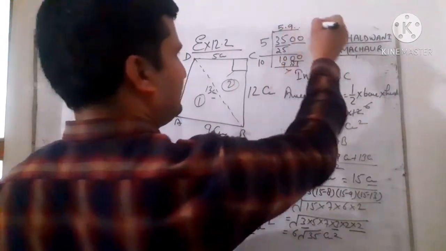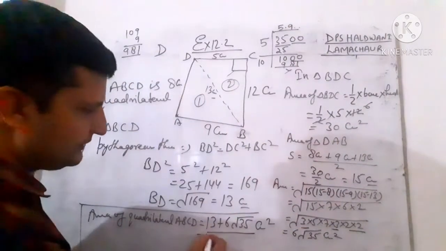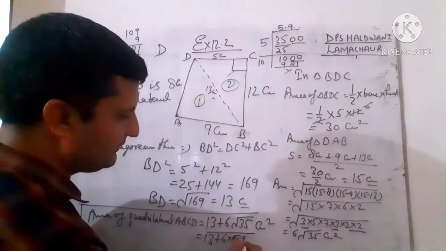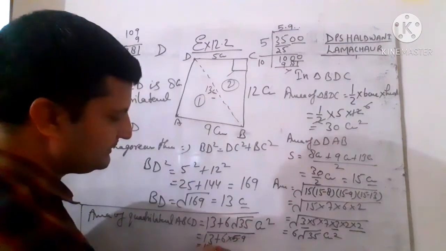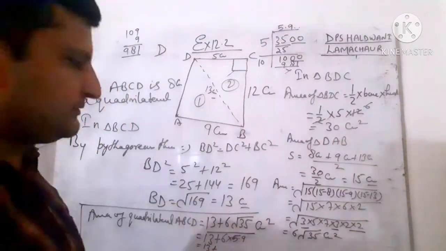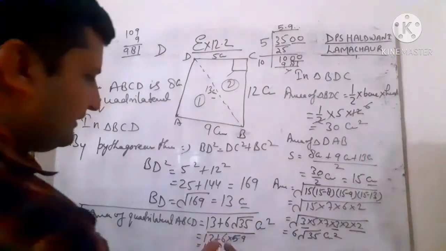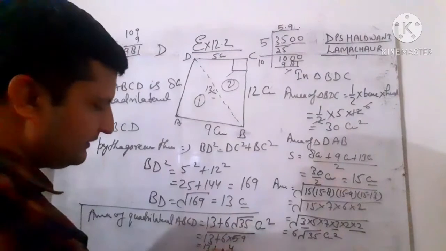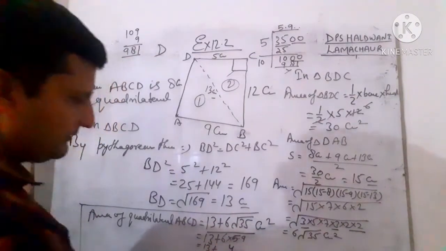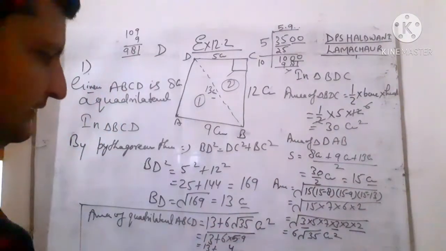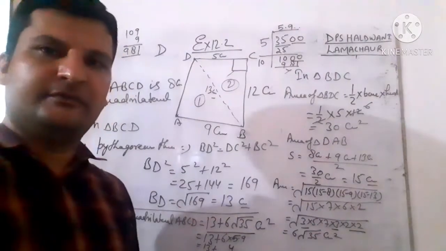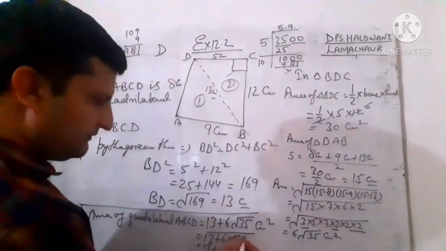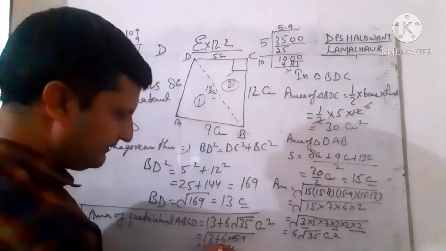So you can write it here also 30 plus 6 into 5.9. 6 nines are 54, 6 fives are 30, and 5 is 35.